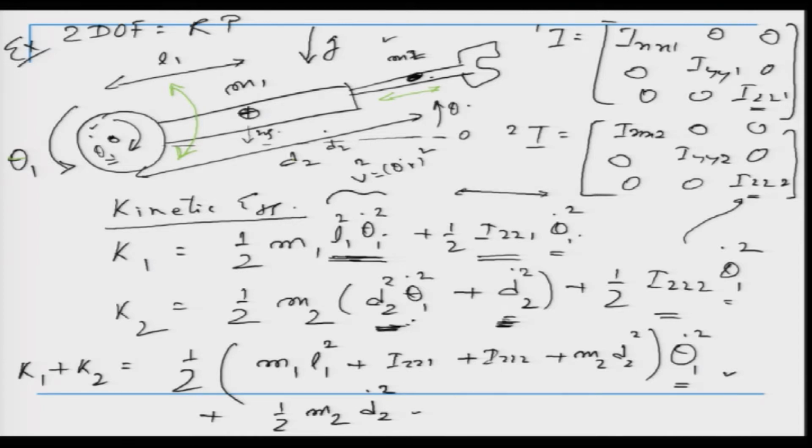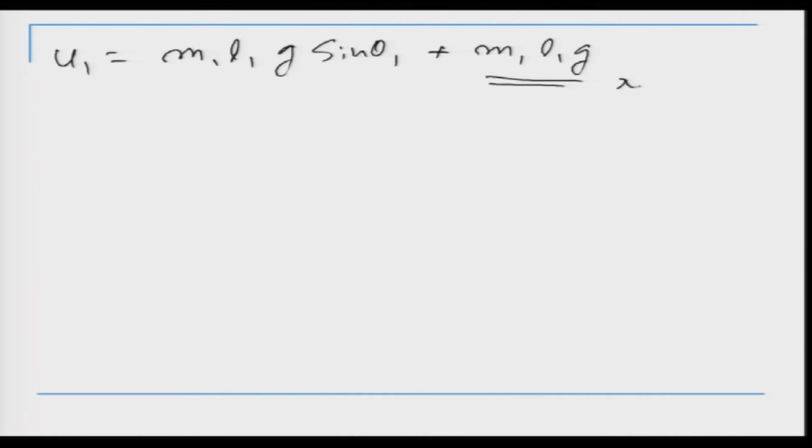Okay. So, it is mgL sin theta, the height by which this has moved up. So, essentially my term U1 is going to be m1 L1 g sin theta 1, plus we add a reference term, m1 L1 g. So, this is what is called the reference term.